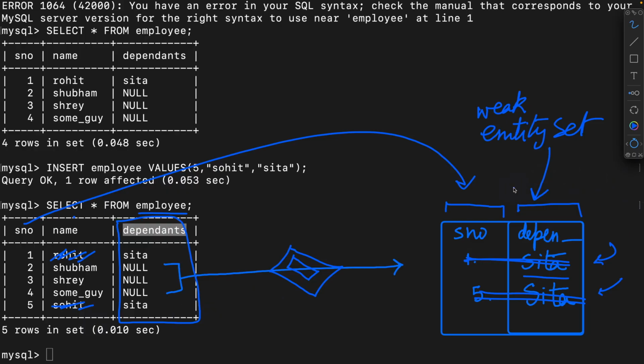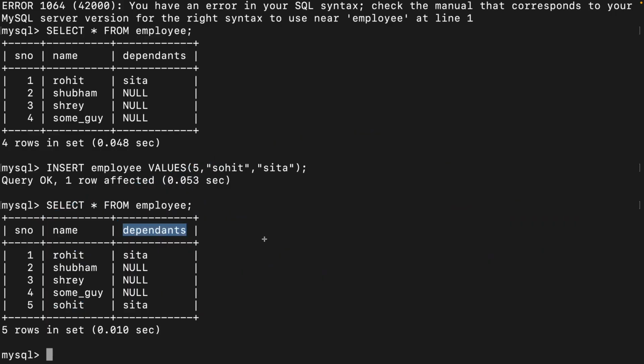So this weak entity set has an existential dependency on your strong entity, or simply entity, or basically over here the owner entity, the employee. This is the database concept, and that part is being present, right? So very good, very clearly visible.